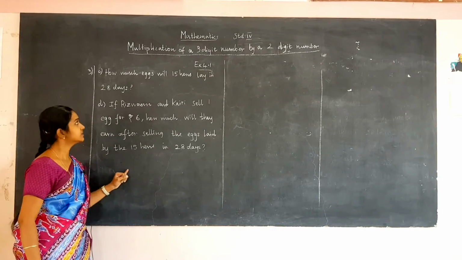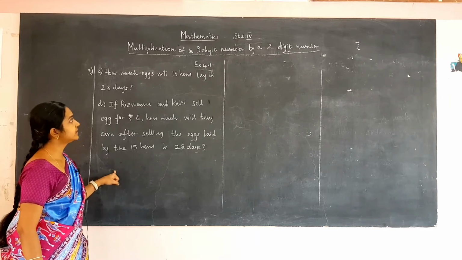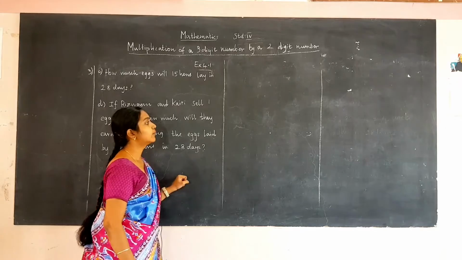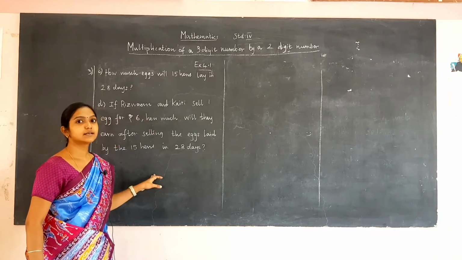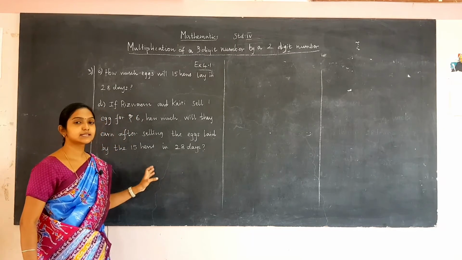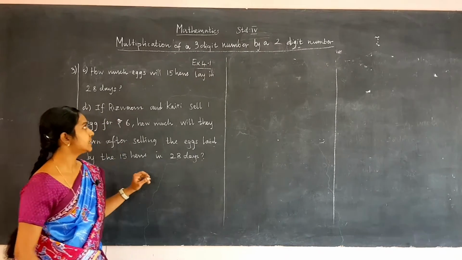Next subdivision is, how many eggs will 15 hens lay in 28 days? We know that one hen lays 16 eggs in 4 weeks. That is, a hen lays 16 eggs in 28 days.